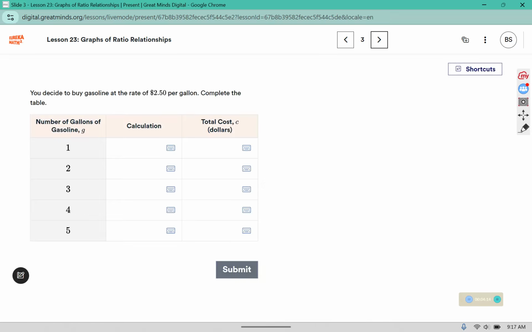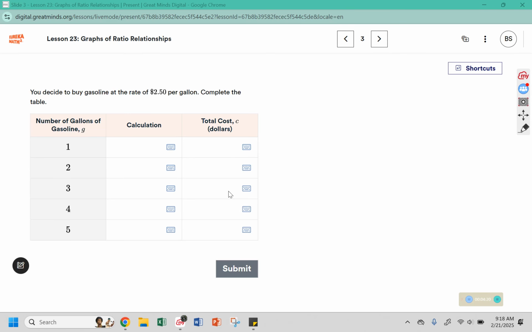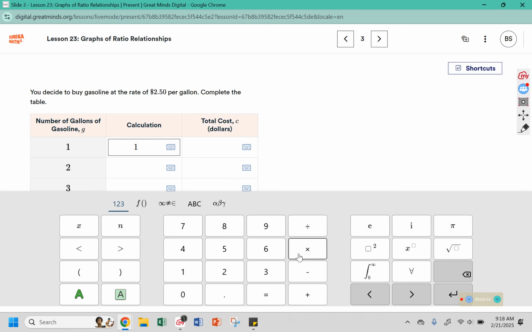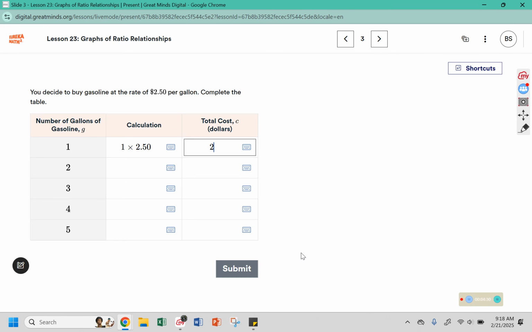You decide to buy gasoline at a rate of $2.50 per gallon. Complete the table. So we buy 1 gallon. You're going to do 1 times $2.50, which is $2.50.